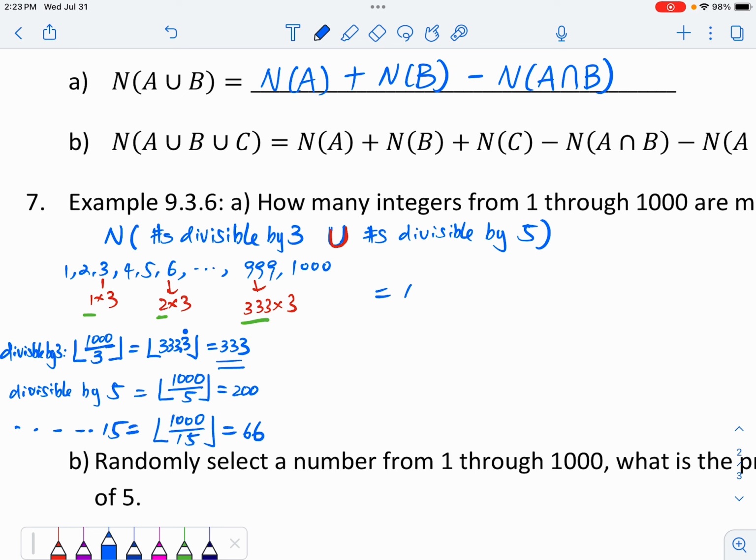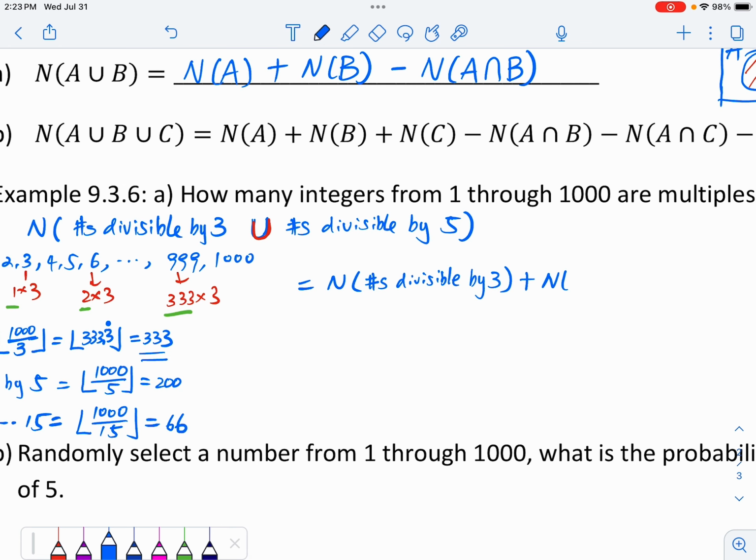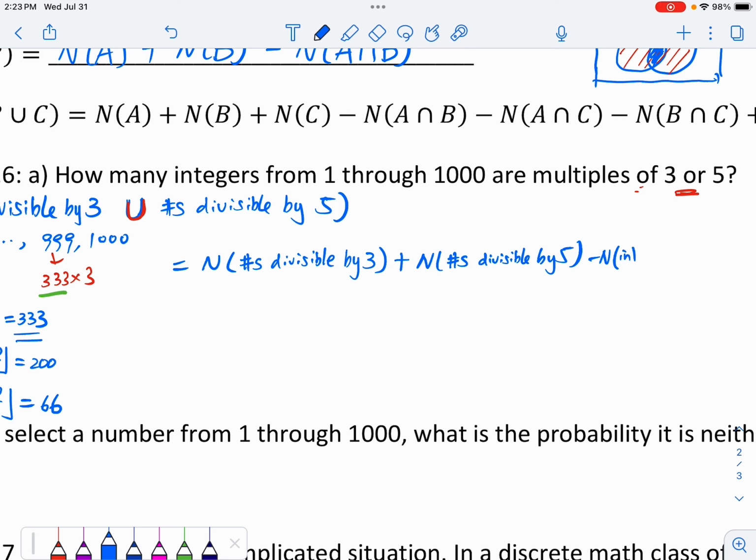So it is equal to the number of the integers divisible by 3 plus, so this is our set A, this is the set B, the number of the integers divisible by 5, then minus the number of those numbers divisible by 15, right?